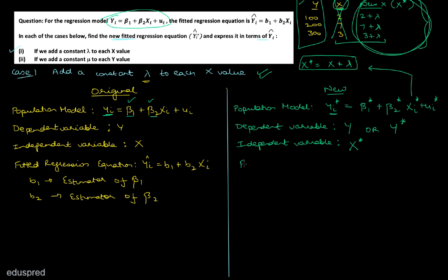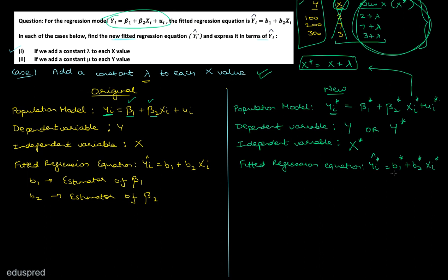And now if I try to write the fitted regression equation, with all of these notations, the fitted regression equation will look something like yi star hat equal to b1 star plus b2 star xi star.